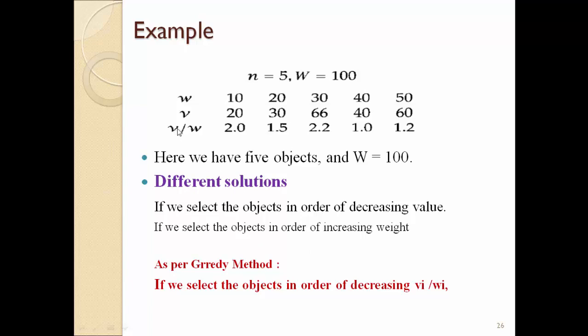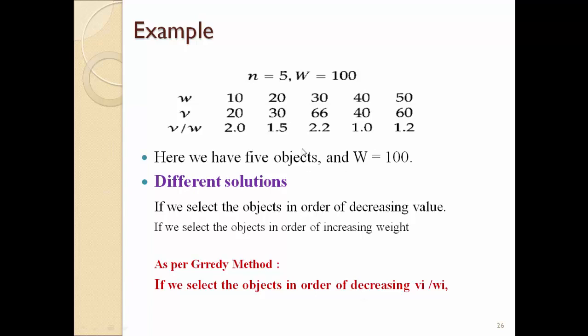If we divide V by W and find the values, for example 20 divided by 10 is 2, then 30 divided by 20 is 1.5, then 66 divided by 30 is 2.2, 40 divided by 40 is 1, and 60 divided by 50 is 1.2.